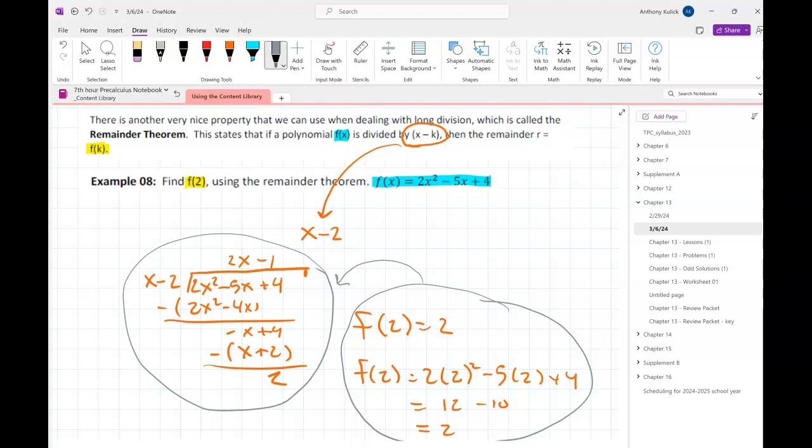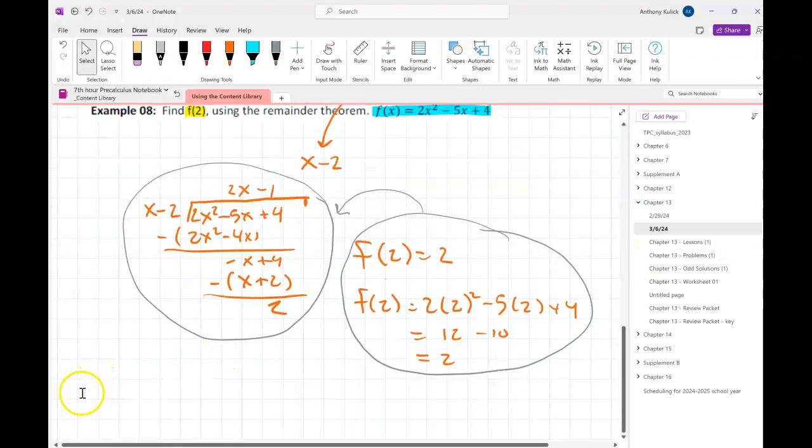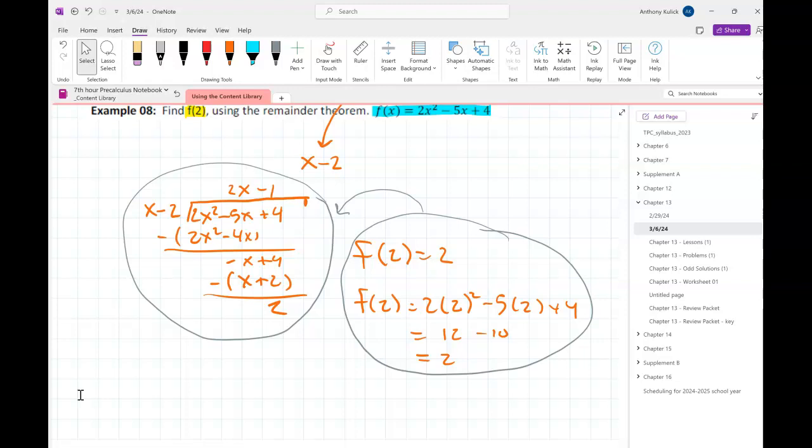Yeah, substitution seems a heck of a lot easier than the division. And that's exactly what we do. That's exactly what synthetic division is, right? Synthetic division is a substitution process that also accomplishes the division for us. So that's exactly what we're doing when we do synthetic substitution: we're replacing the division with a substitution.